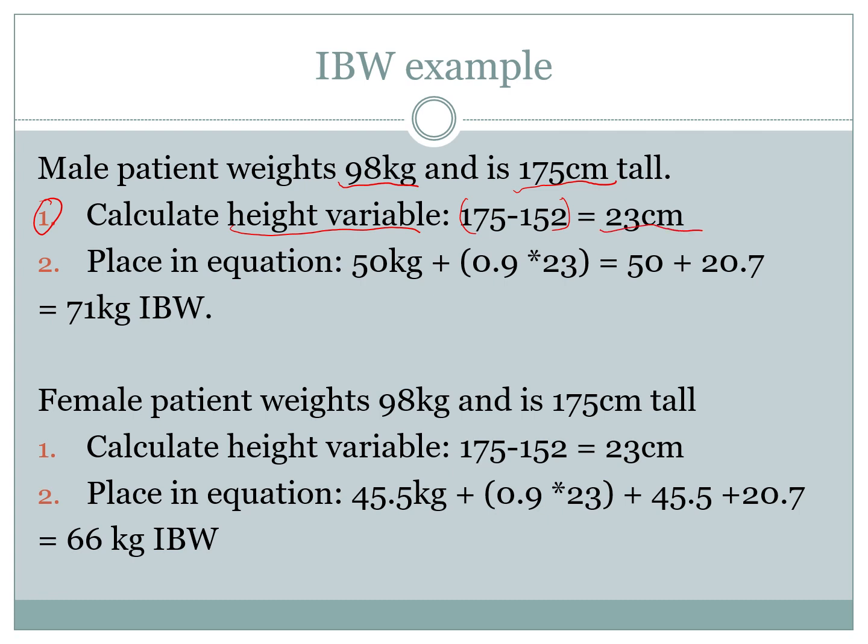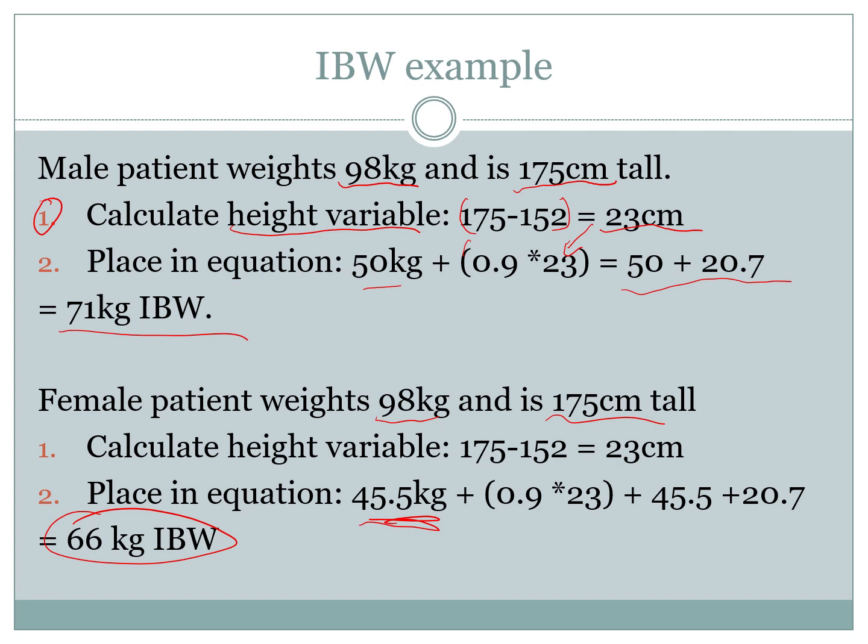Then we put that 23 centimeters in the equation, 50 kilos plus 0.9 times 23, 50 kilos plus 20.7, which will give us 71 kilos of ideal body weight. Now, if we do the exact same thing, surprisingly enough, 4.5, 5 kilos less, you'll get 66 kilos for the ideal body weight of a female.